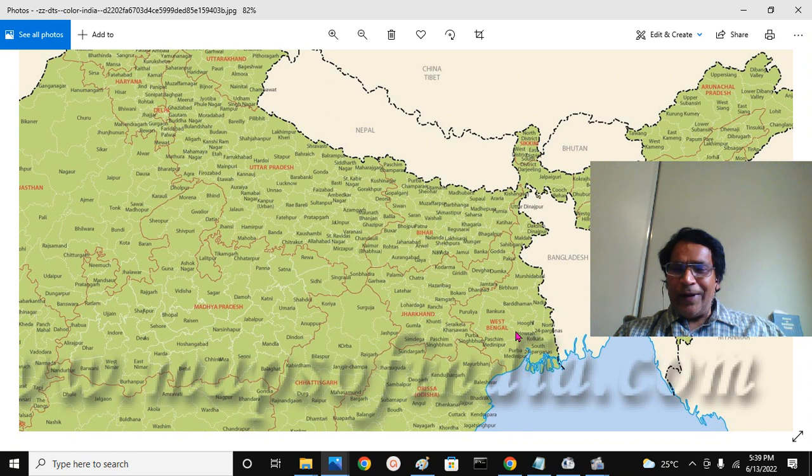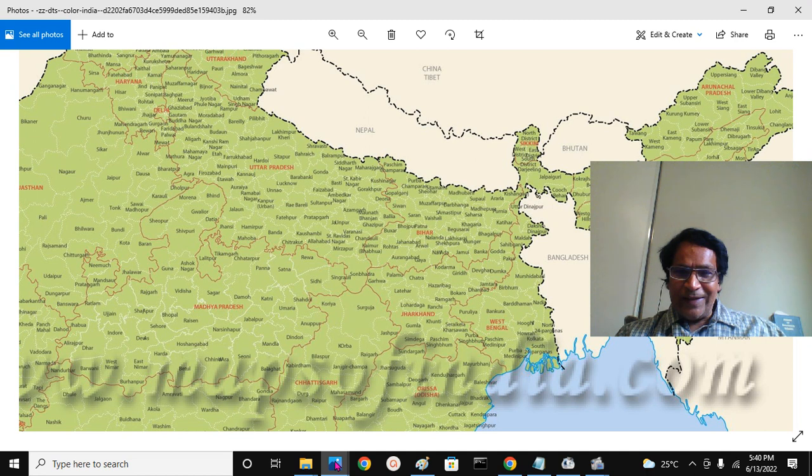Even important dignitaries like the Governor Generals and Viceroys had to stop at Howrah station, take a ferry and go to the capital, the Viceroy's residence in Calcutta. So it's very important to get a different perspective.